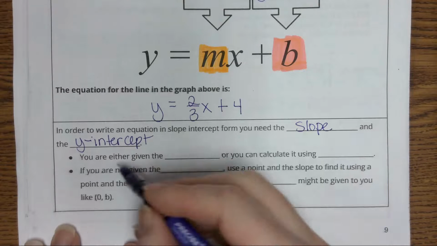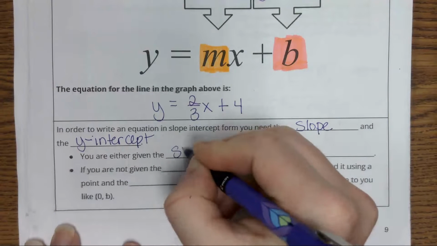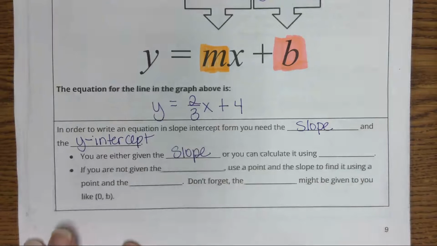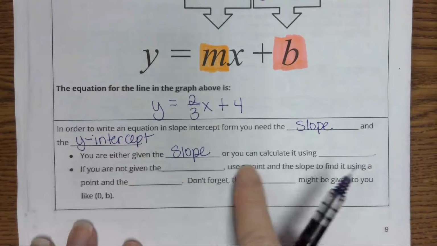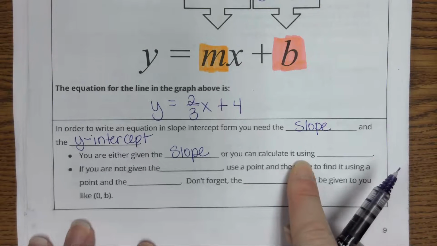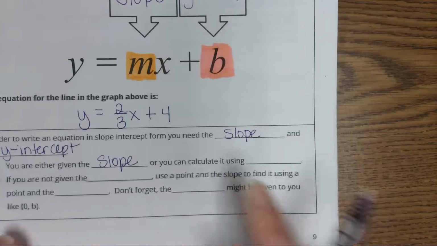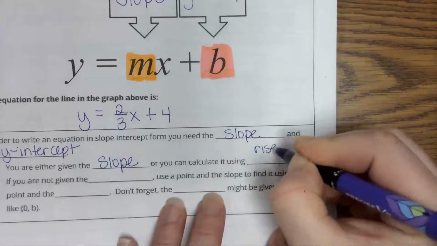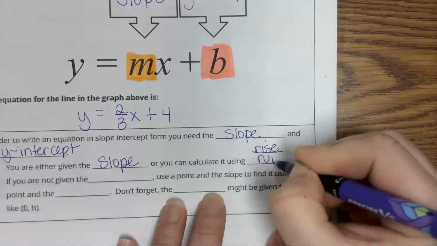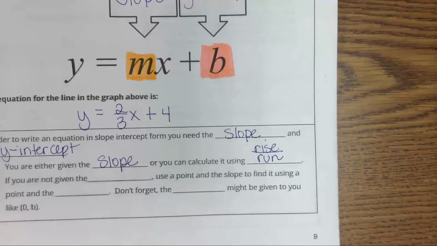You are either given the slope, or you can calculate it. How did we calculate it? Using rise over run. It might be possible too that I don't give you a picture of a graph and you can use your slope formula like we did in our opener today.